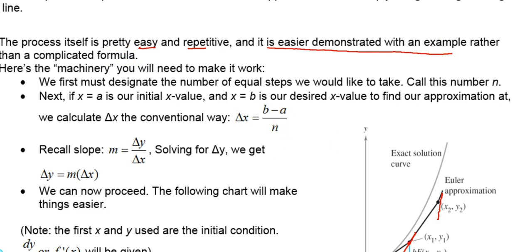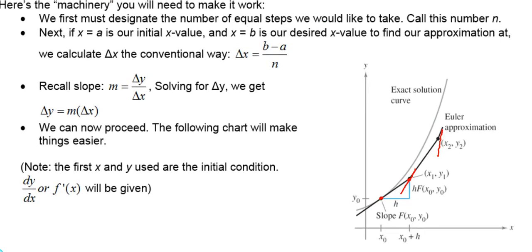One thing you have to know about a differential equation is that you are given a dy/dx, which is nothing but the slope. Sometimes they give you f prime of x, which is also nothing but the slope.